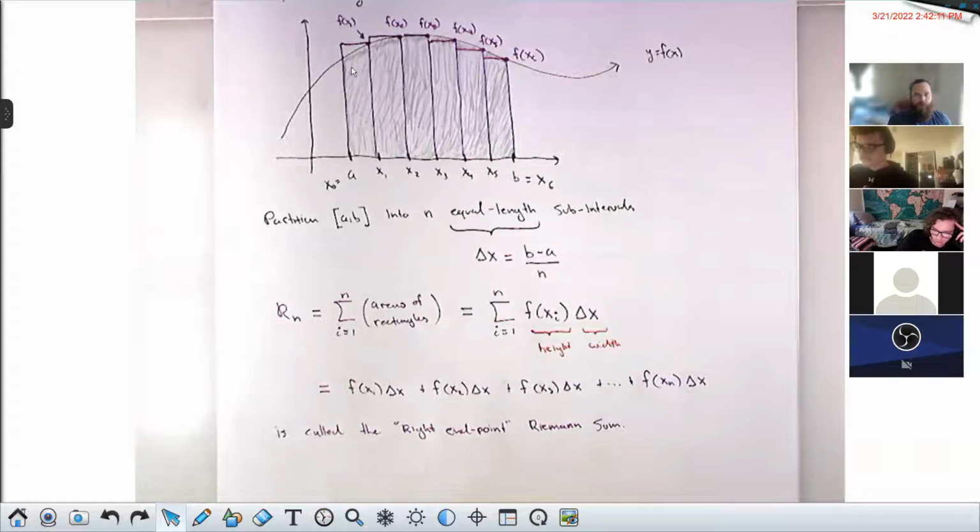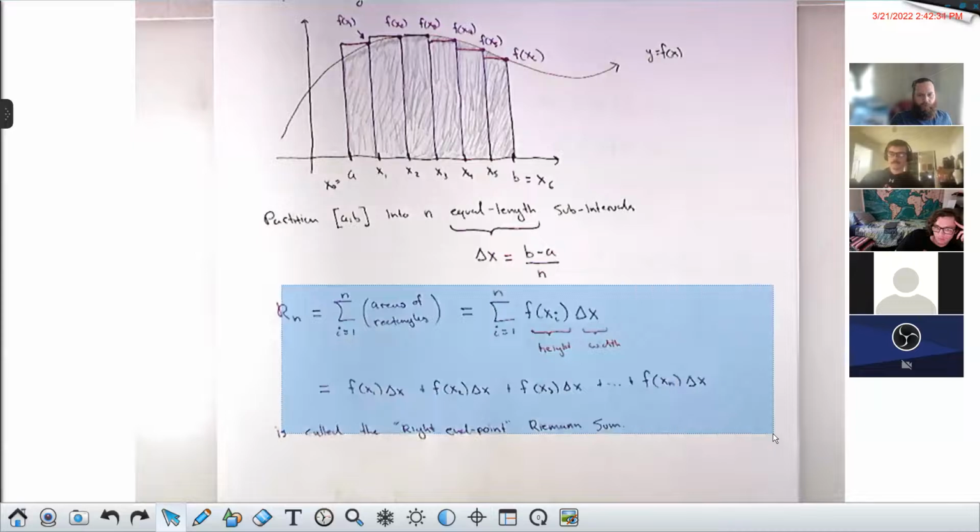It's where the height of the rectangles comes from the value of the function at the left endpoint instead of the right. There is also a thing called the midpoint Riemann sum. And then there's a much better form that uses trapezoids rather than rectangles, but we'll get there.